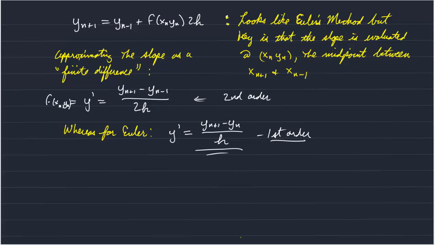So the obvious advantage of the midpoint rule is it has higher accuracy, but the main disadvantage is there's no way to evaluate the function at the midpoint, or I should say the midpoint right at the start of the calculation.